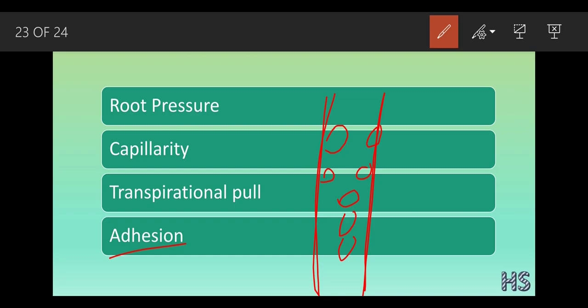So what is the impact of this adhesion? When the water molecules move up, they stick to the other water molecules which are attached on this side. Okay, they attach to this, so it helps to make a perfect inflow of water like this.